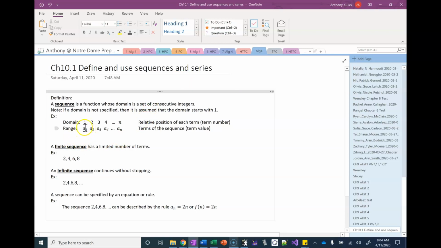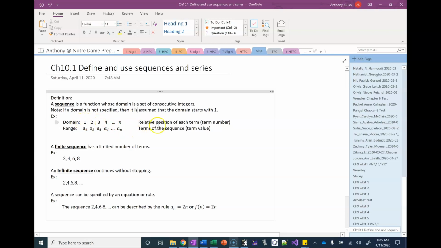The names we give these values are a1, a2, a3, a4, an, where this subscript is like an index, so it describes the order in which this term appears in our sequence. The first term, we give the subscript a1 because the domain value it pairs with is the number 1, because it's the first value. The second value in our sequence we use the symbol a2 to describe because it's the second in our sequence, and so on all the way out to an.